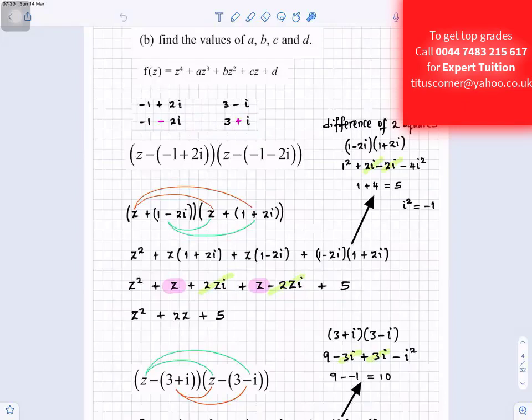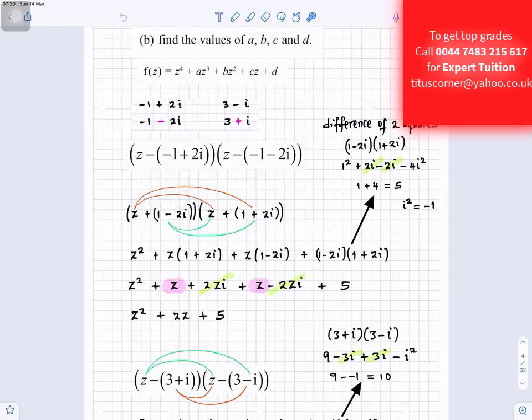A quicker way to do it is to get rid of this minus sign, to make it easier. So if we change this one to minus 1 times, this one becomes a plus, change that to a plus. This one will become +1, and this one will become -2i.